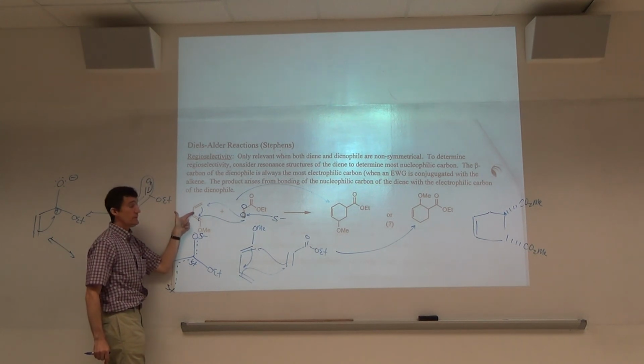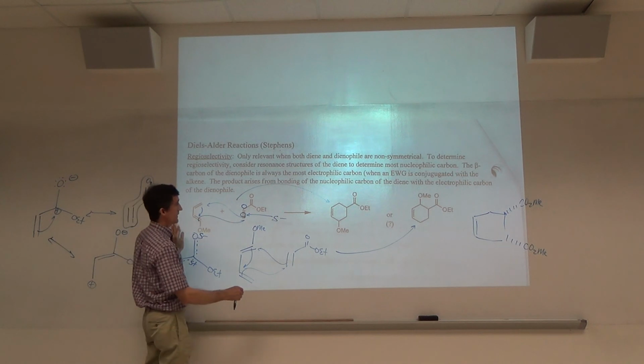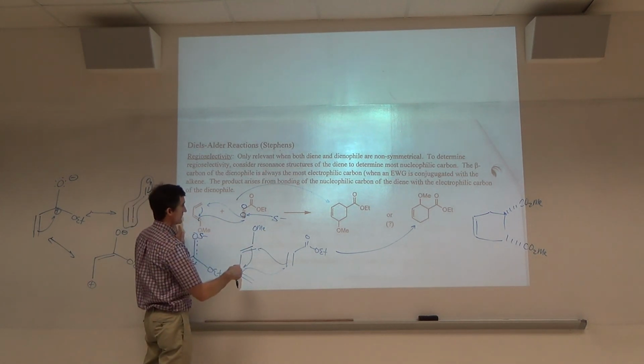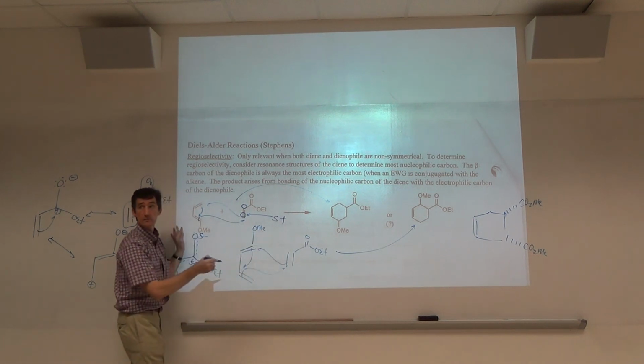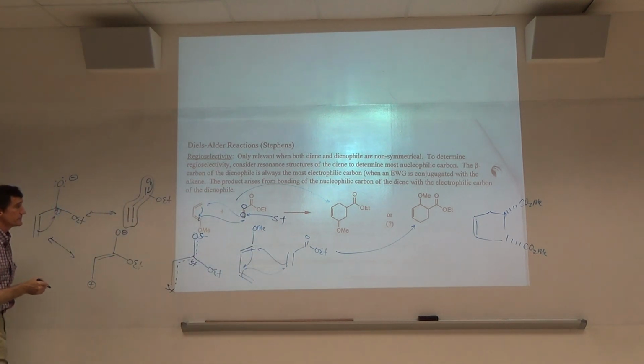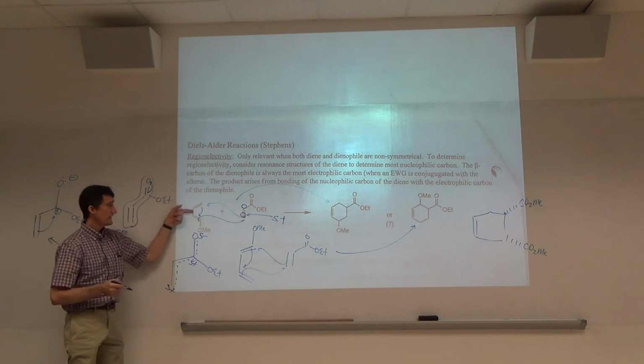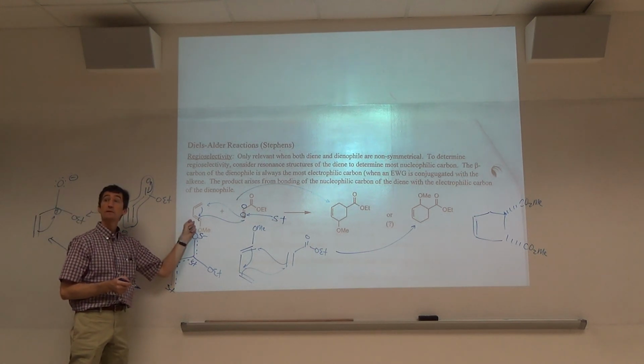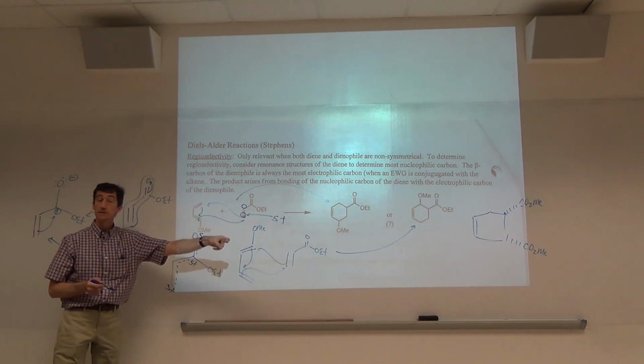What does that say, partial net minus? Must be partial plus, right? Okay. We need to identify a partial negative over here. And once we do, we want the partial negative carbon to bond to the partial plus carbon, and it will be done.